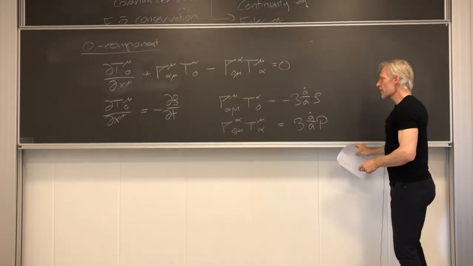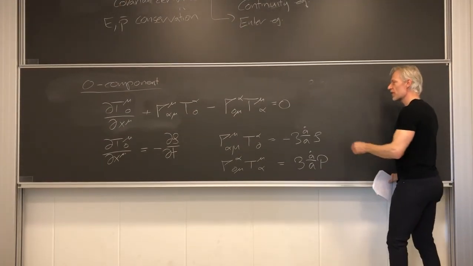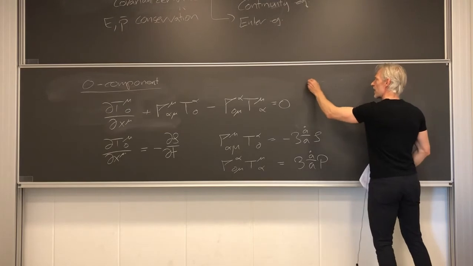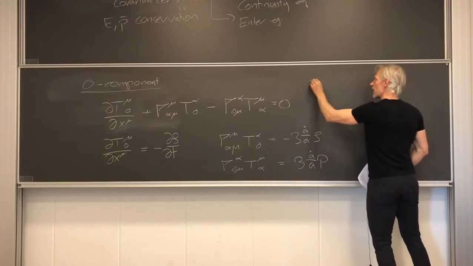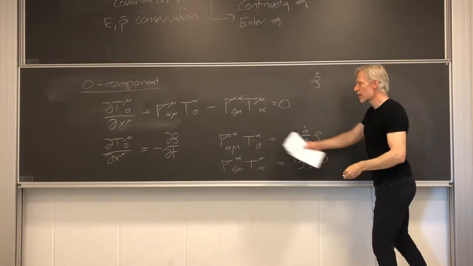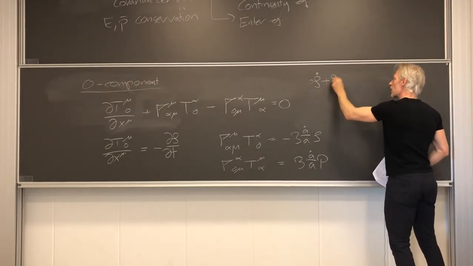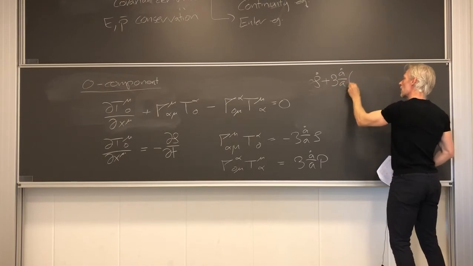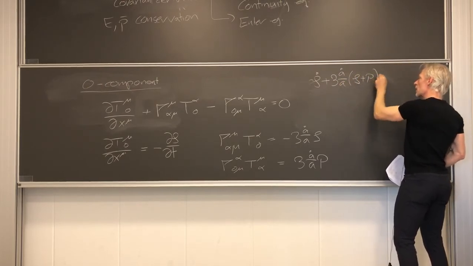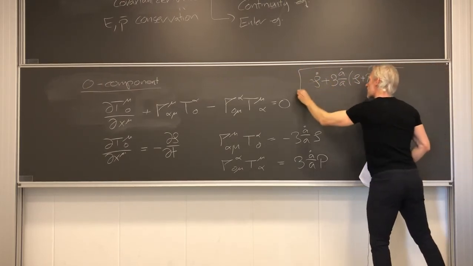So I have 3 terms and they have to sum to 0. So let's write it out. So what it actually says, if I now take away the minus sign and multiply through with minus 1, I get this equation here.